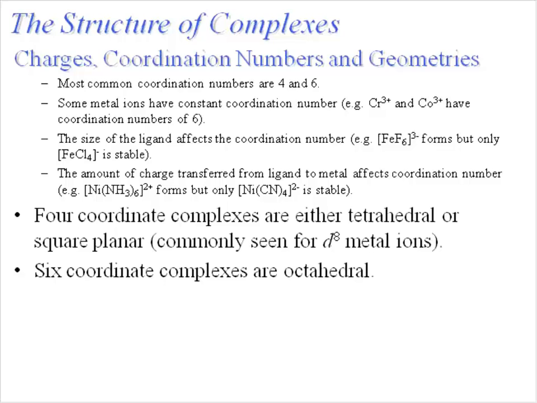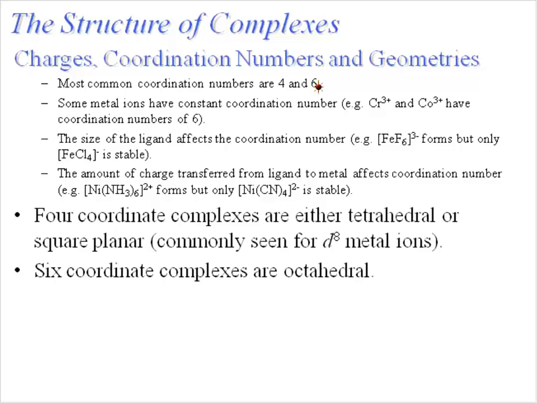Mostly you come across coordination numbers, or CNs, equal to 4 and 6. Also, there are certain geometries that you come across often. These are tetrahedral, square planar, octahedral, and they are related to these 4 and 6.